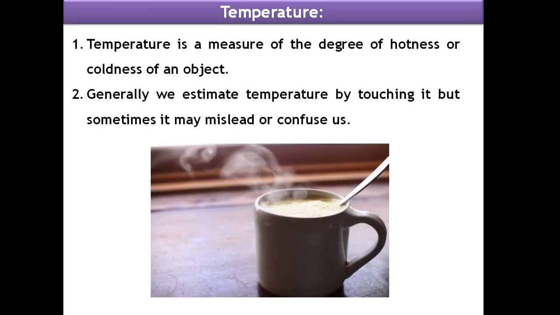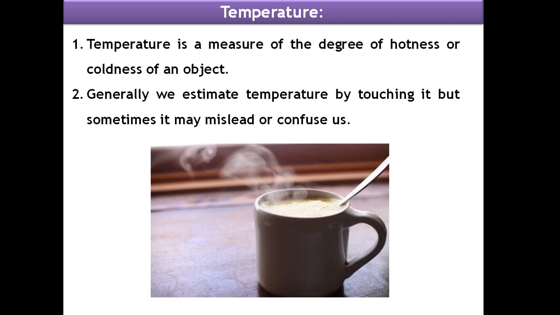How can we decide the hotness or coldness of an object? It is expressed in terms of temperature. So, temperature is defined as the measure of the degree of hotness or coldness of an object.